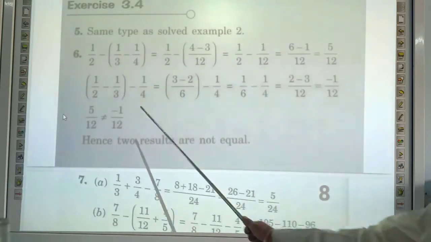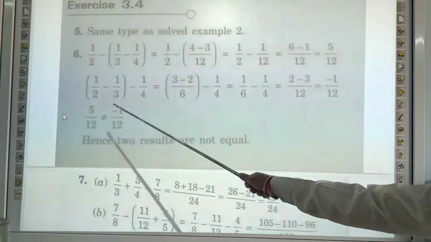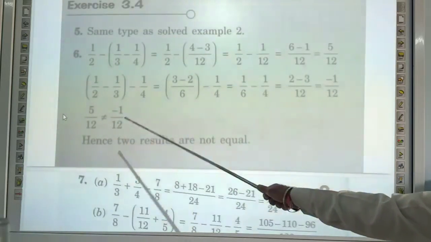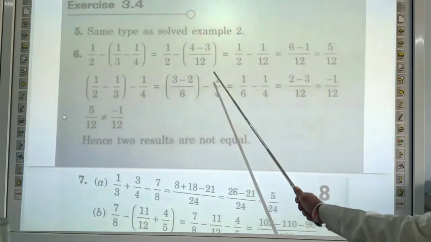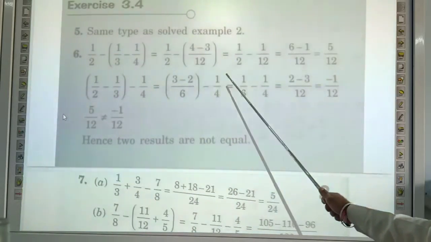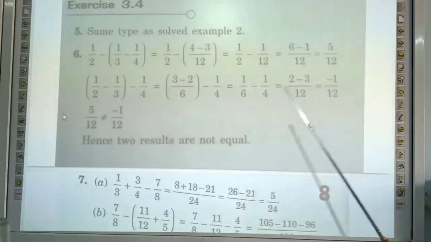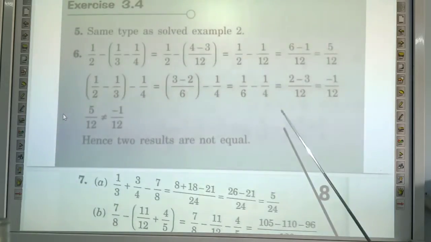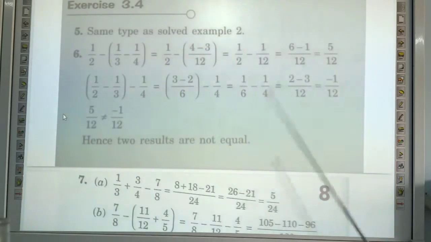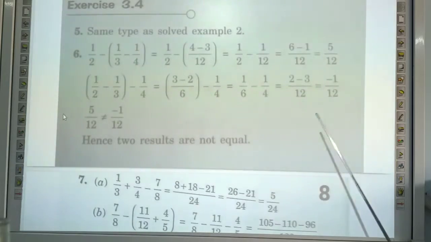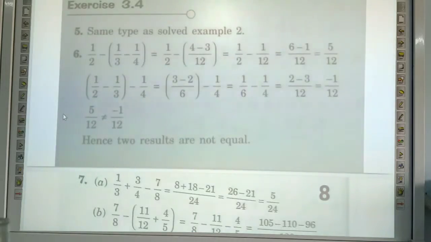And when we calculate the right hand side part, 1 upon 2 minus 1 upon 3 within bracket minus 1 upon 4, within the bracket we get 3 minus 2 by 6, which is 1 upon 6, then we get 1 upon 6 minus 1 upon 4, and then the LCM of 6 and 4 is again 12, 6 2s are 12, and 4 3s are 12, and finally we get 2 minus 3 upon 12, which is minus 1 upon 12.